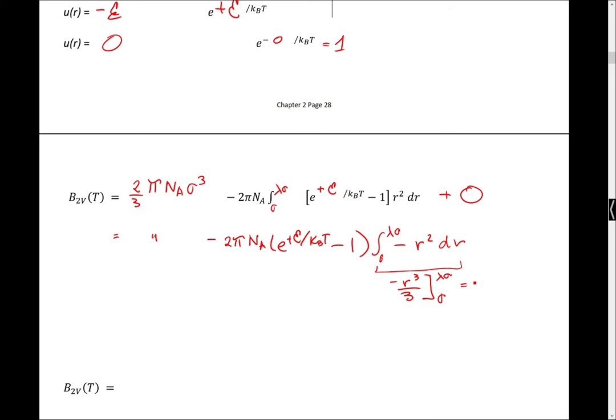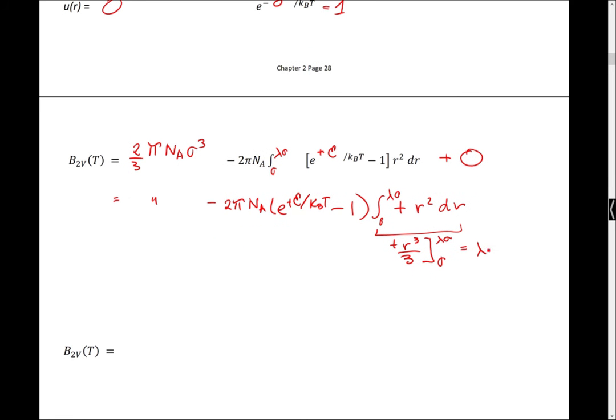Keep me honest. Let me double check my notes there, make sure I didn't mess something up, but it sure looks like that is correct. Okay, yep. So that's positive r cubed over 3. And that will become lambda cubed sigma cubed minus sigma cubed, over 3.